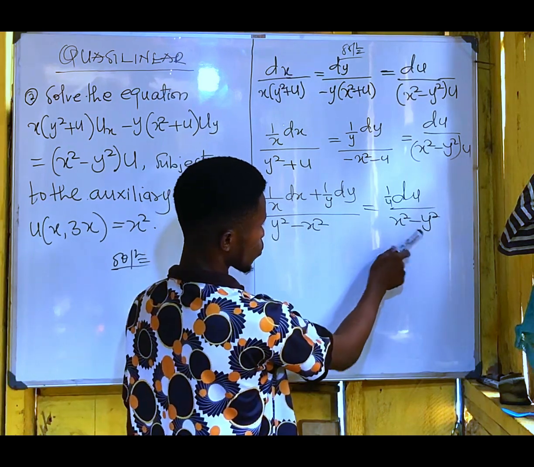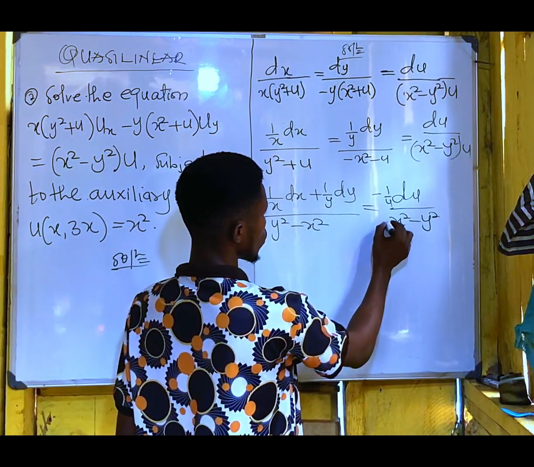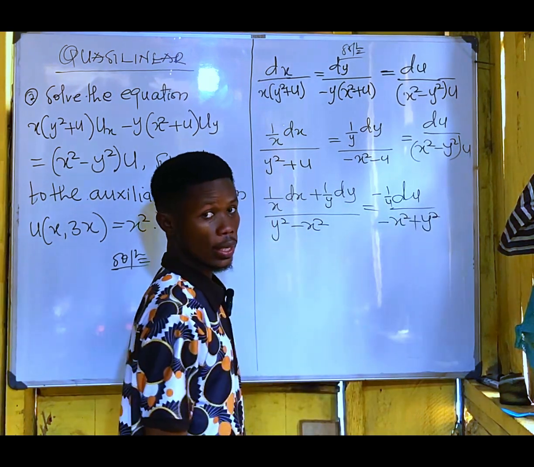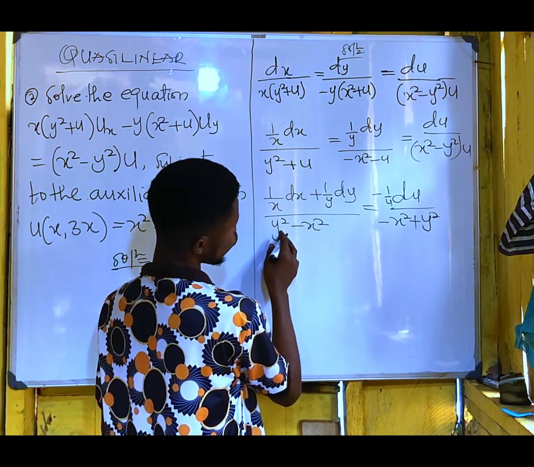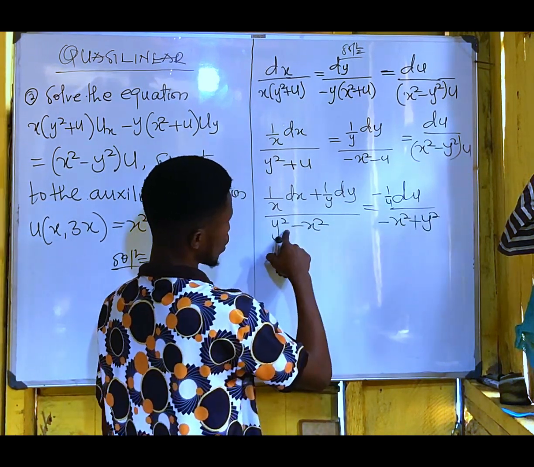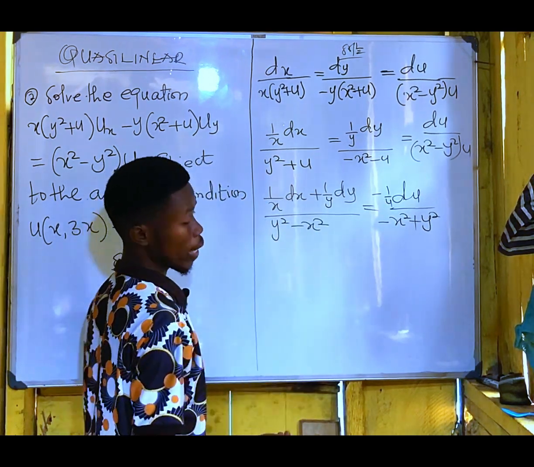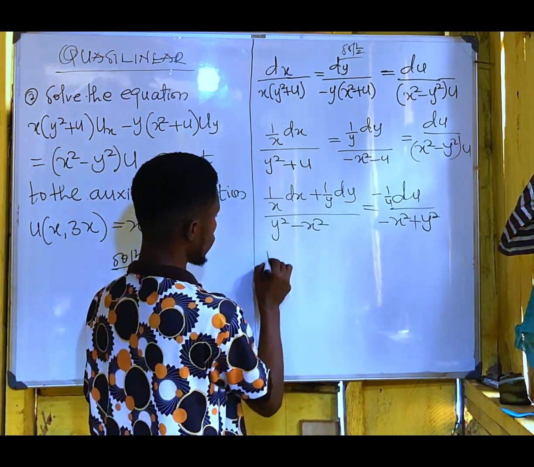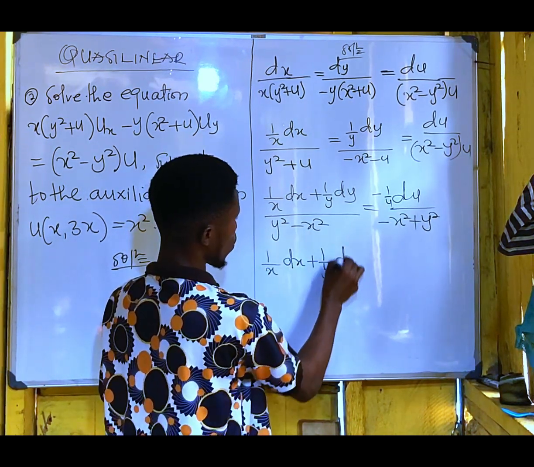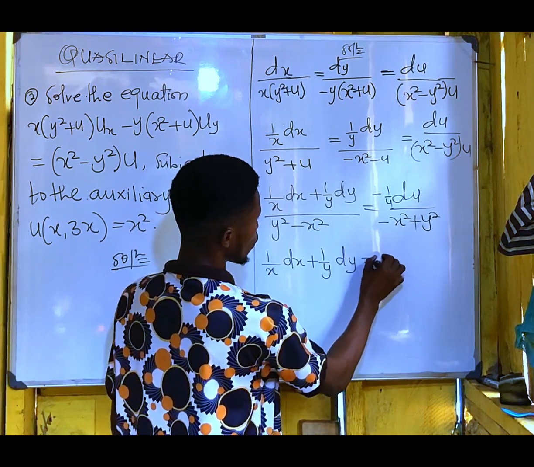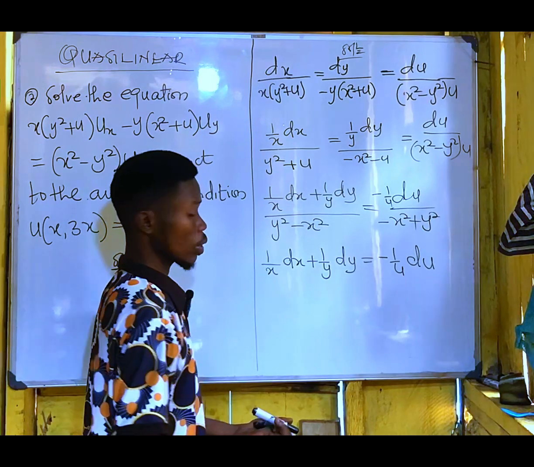This is x squared minus y squared. It has been interchanged. Okay, so I can bring negative here. Here becomes negative, here becomes plus. It's the same thing. So since the denominators are the same, we can multiply through by that and it will go to 1. Then we have only the numerator: 1 over x dx plus 1 over y dy equals negative 1 over u du. Is that okay?